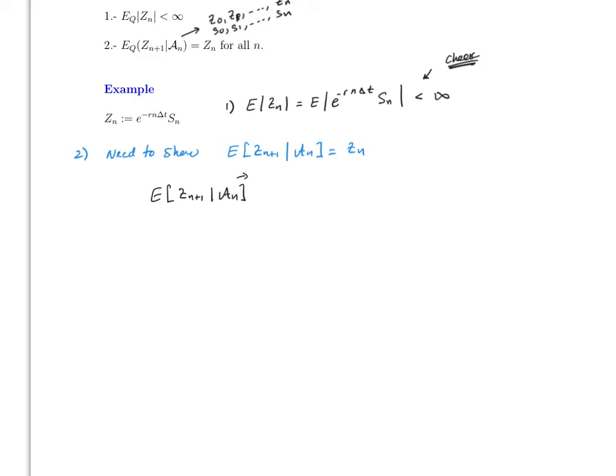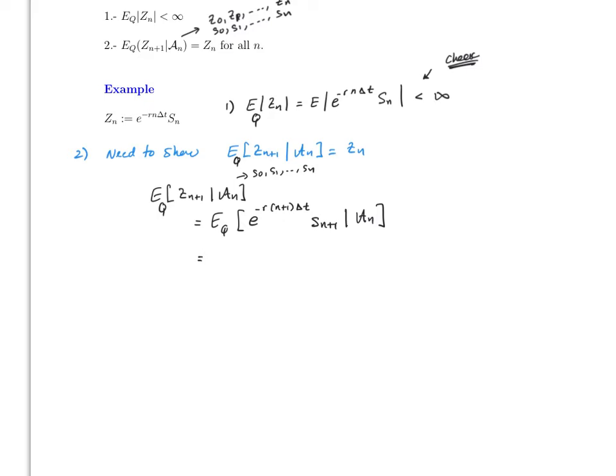Remember that An in this case is S0, S1 all the way to Sn. This is equal to the expected value, all of this with respect to Q, of e to the minus r times n plus 1 delta t times Sn plus 1 given An.